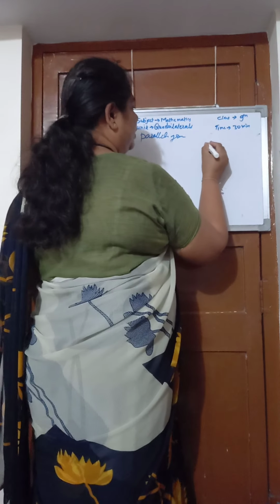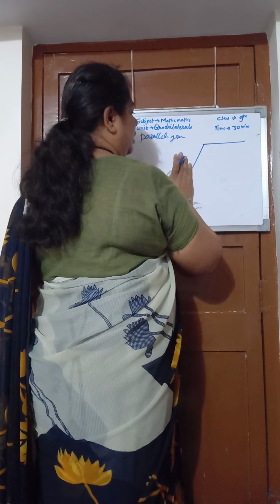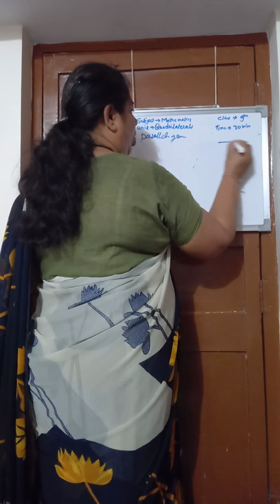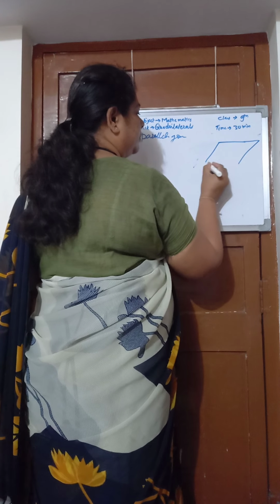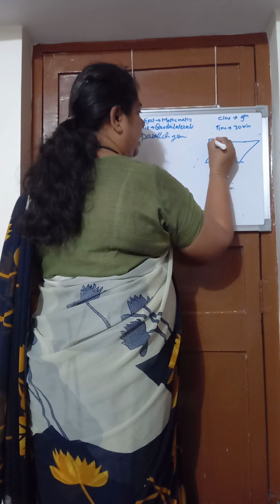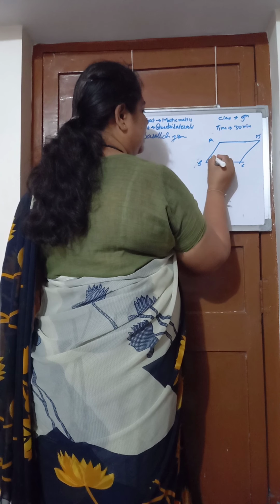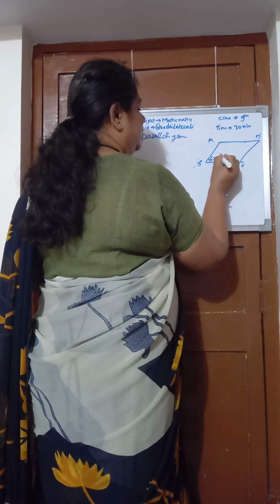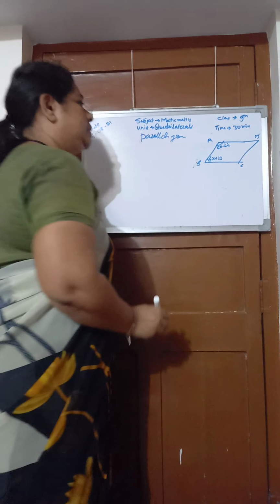Consider this parallelogram ABCD. This angle is 4x plus 30, and this is 5x minus 22. This is given.